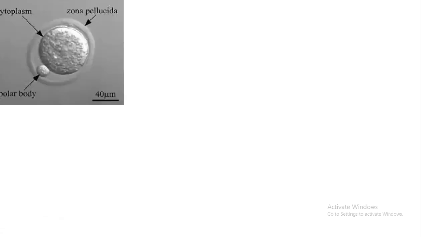So let me quickly go on to the next one. Here you have the egg, and this part can be called the secondary oocyte. You simply have the polar body there.